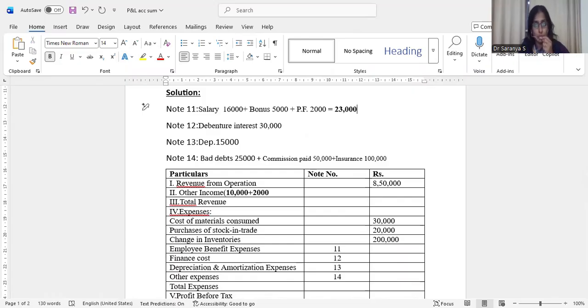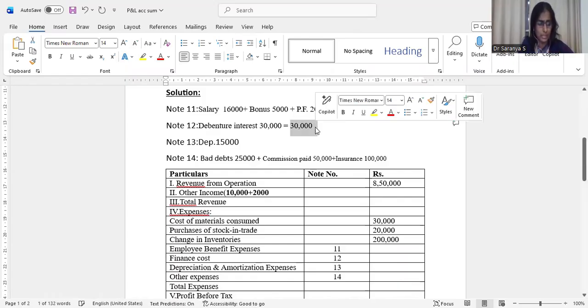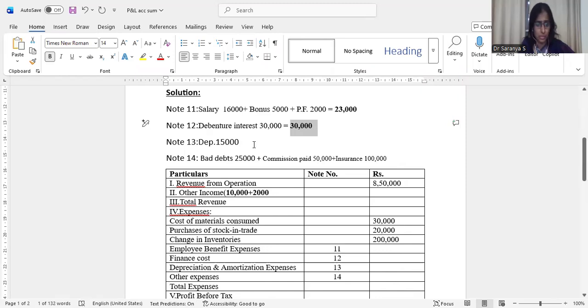Then debenture interest, we got the total as 30,000, only one item. In note number 13, we got only one item, that is 15,000. And note number 14, we have three items, bad debts, commission paid, and insurance, so it is 1,75,000.